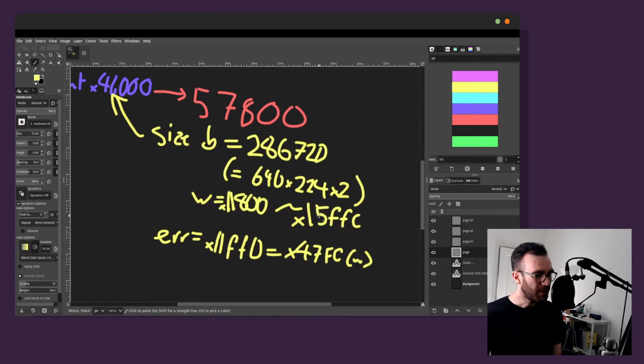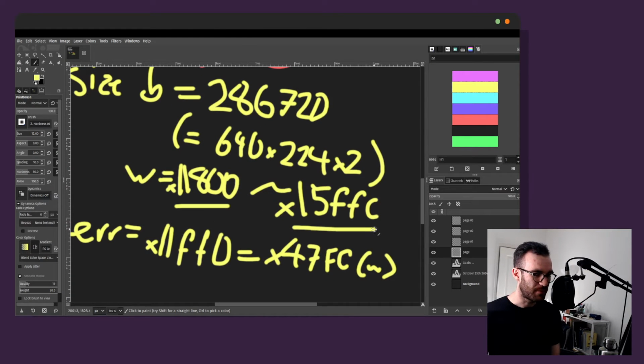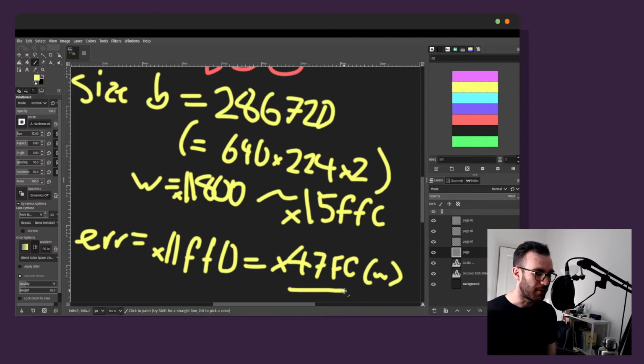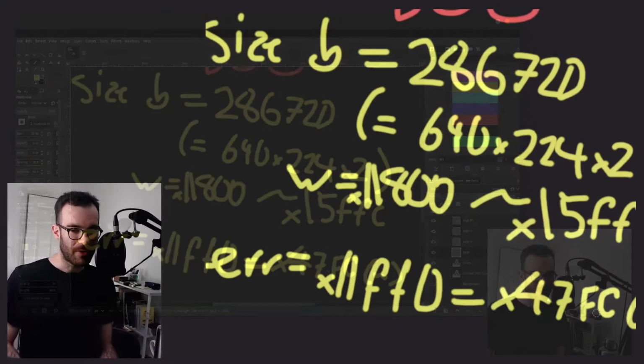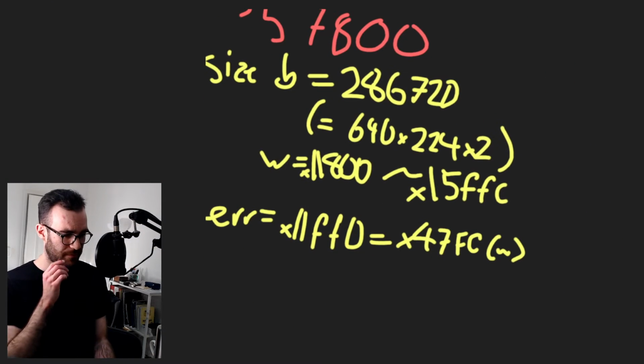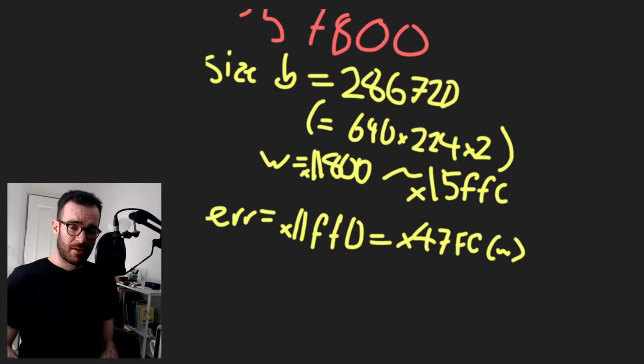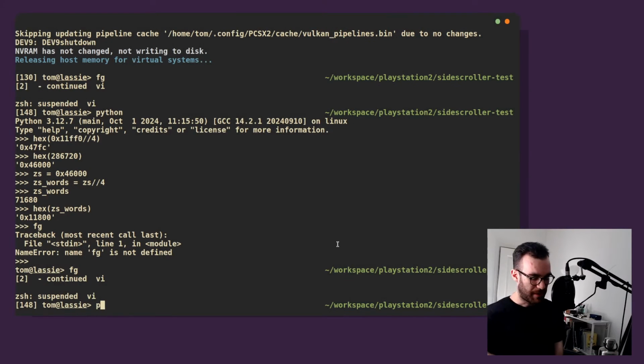So what is the difference between these two numbers? Other than the obvious mathematical difference, why should we get one of these numbers and not the other? Actually, I'm going to go back to Python.